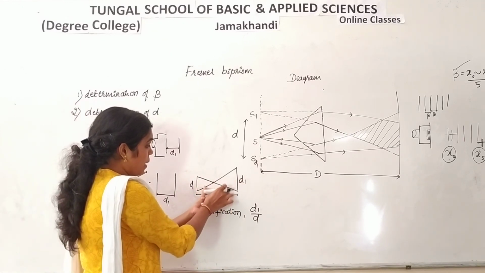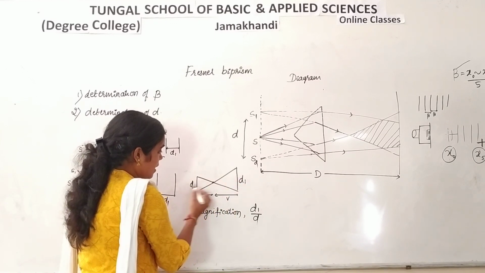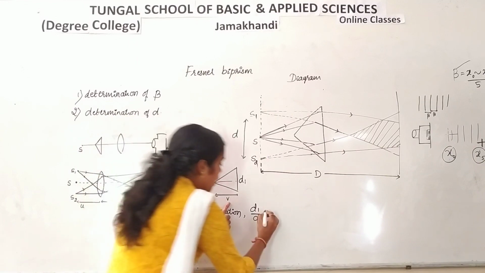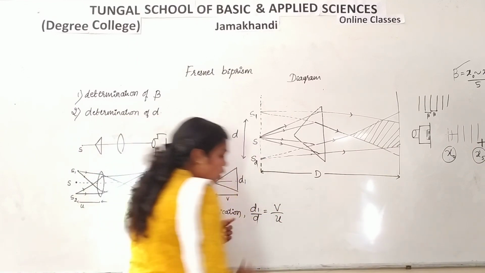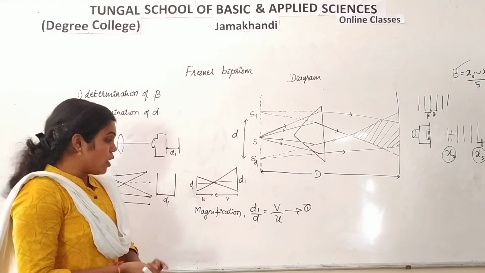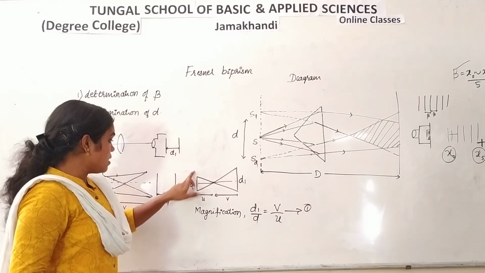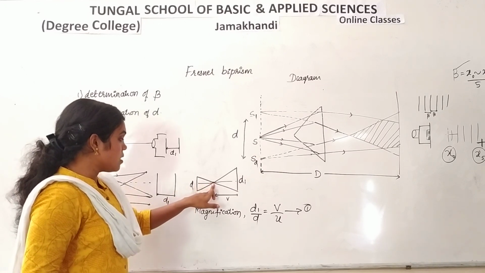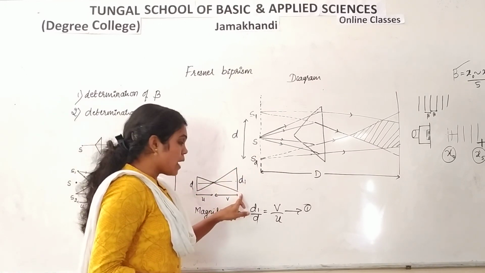But from this geometry, d1 by d is equal to this distance divided by this distance, that is image distance divided by object distance. Call this equation 1. What I have got from this geometry: this is the position of two coherent sources, here is the position of the lens, and here the eyepiece is there.